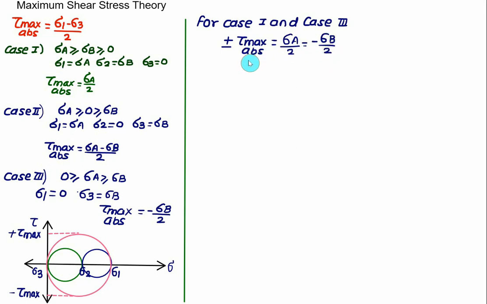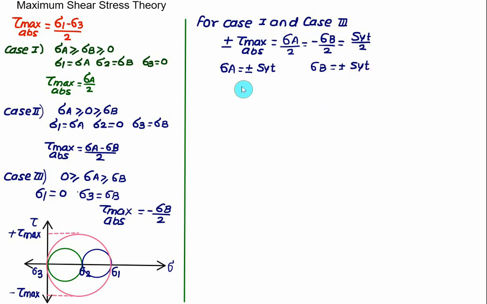And we know tau max absolute is SYT divided by 2. So the 2 and 2 cancel, and we have sigma A equal to plus minus SYT, and sigma B equal to plus minus SYT.